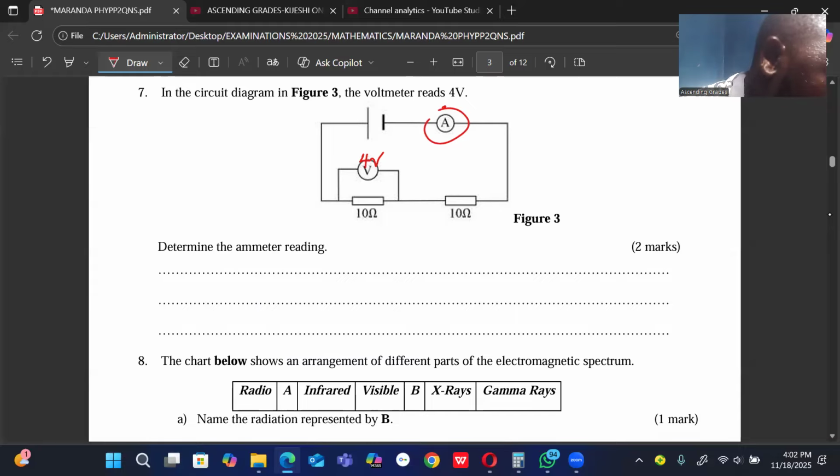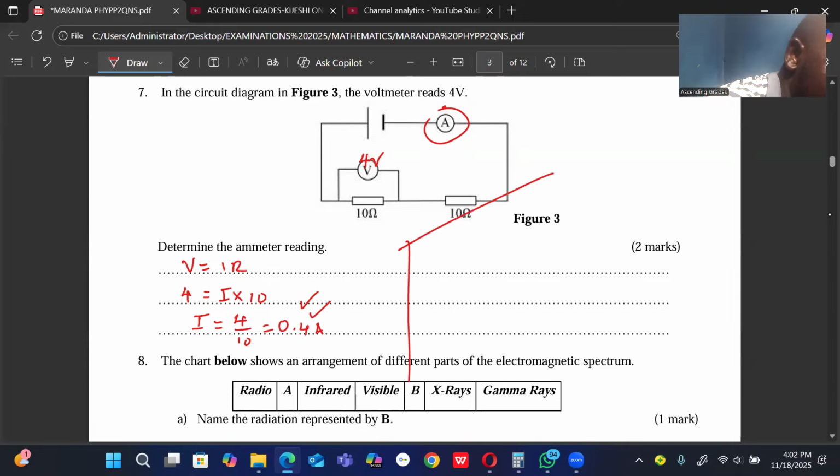Then you are told to determine the reading of the ammeter. So I'm going to use Ohm's law, V equals IR. Then my 4 volts will be the current that is passing through the 10 ohm times its resistance. So my I will be 4 divided by 10, you get 0.4 amperes. So this is what is correct.